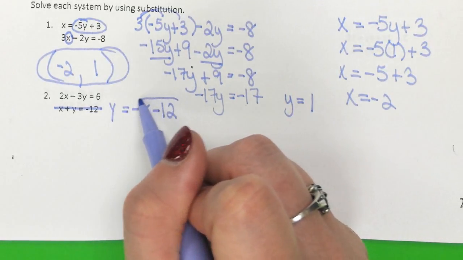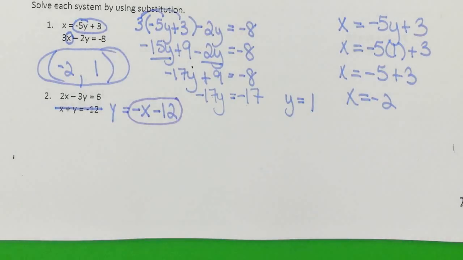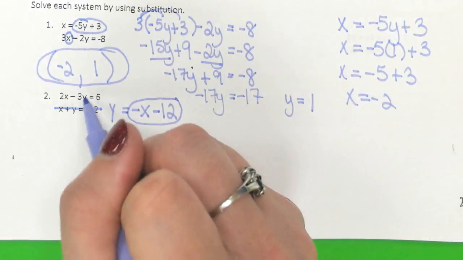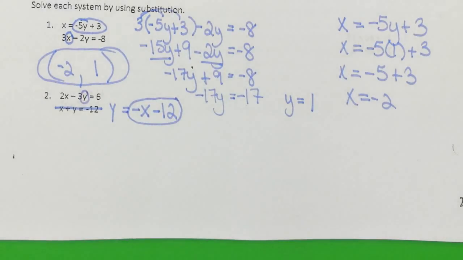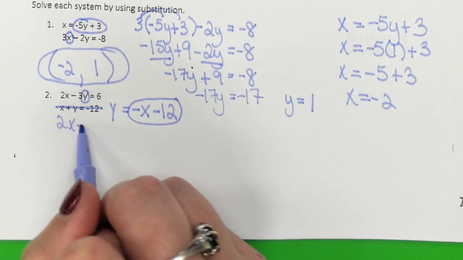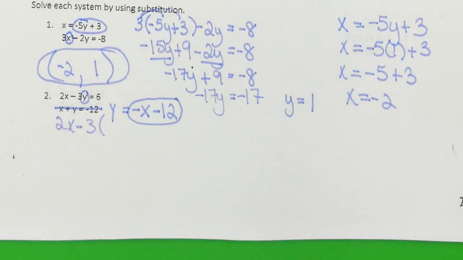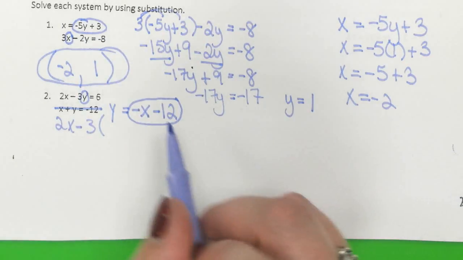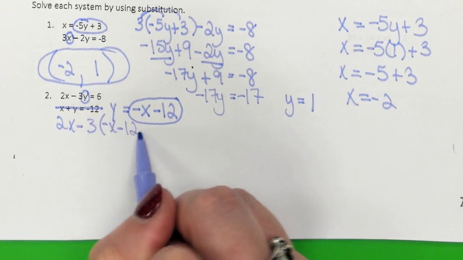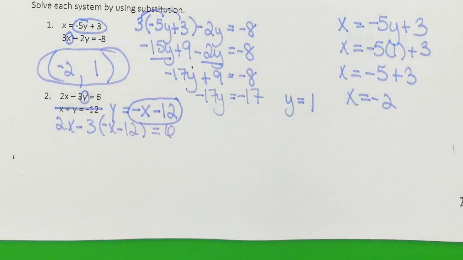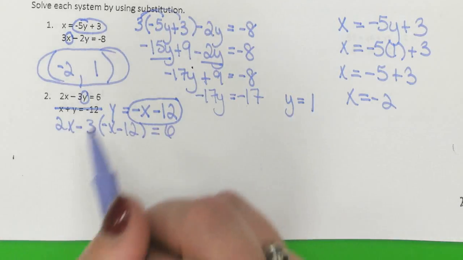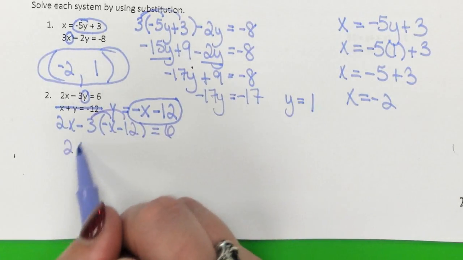So we can take all of that and we can substitute it for y. All right, here we go. We had 2x minus 3, but I'm not going to put y anymore. I'm going to put negative x minus 12, and that's equal to 6. Then we're going to distribute that negative 3.